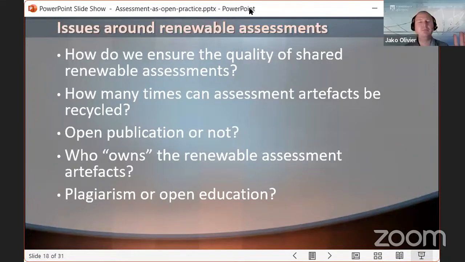Then the last thing I already mentioned is plagiarism. It's very important to alert students about the issues around plagiarism. And these days, also the issues around content being created by artificial intelligence, language models, things like ChatGPT. And that's why it's so important for us to model ethical behavior in terms of that, but also inform students that when we reuse content, we do it in a very ethical and responsible way.